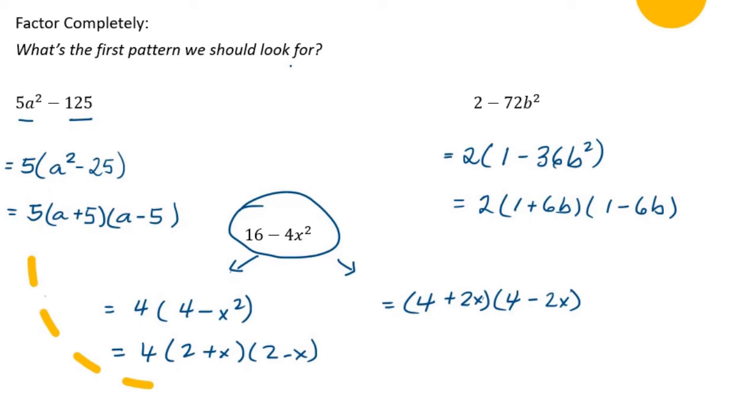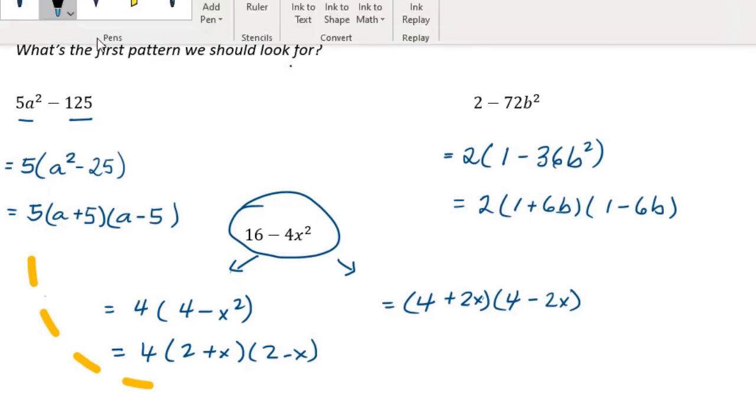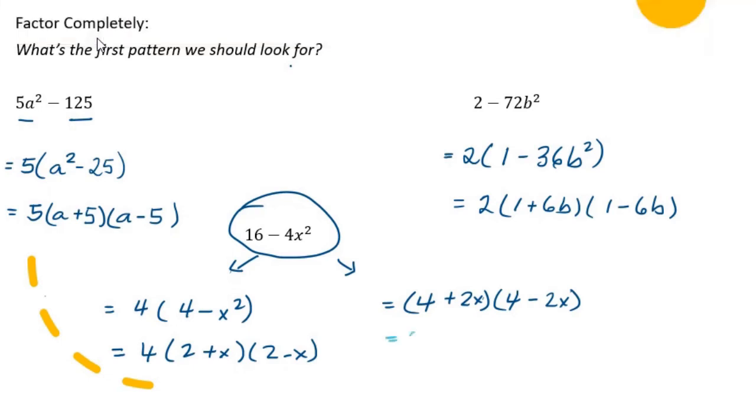Okay, that's fair. But we did an extra step here. We pulled out a common factor. What I notice now is that in each of my two brackets, I have a common factor. Right? 4 plus 2x has a common factor of 2, and 4 minus 2x also has a common factor of 2. So I'm going to pull out a 2 from each.